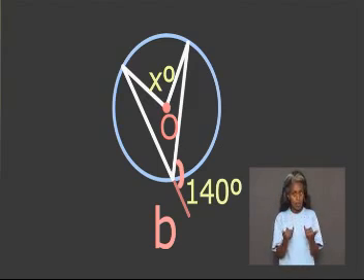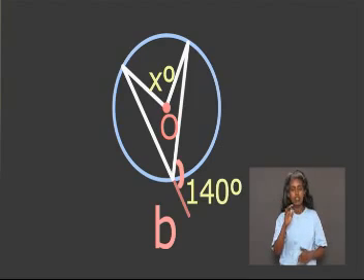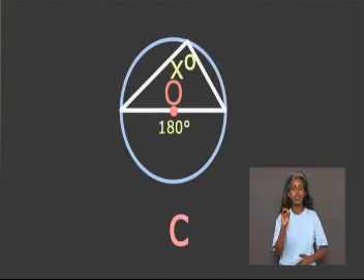Now we know that the inscribed angle is 40, so x equals 80. In the third example, remember that a straight line can still be an angle. It is 180 degrees. Therefore, x equals 90.